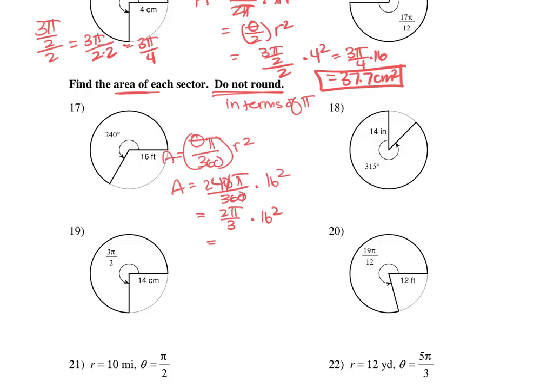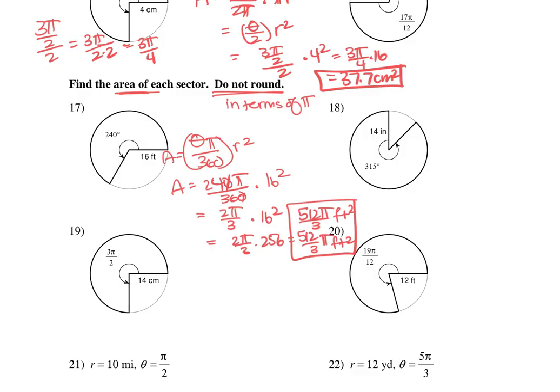So 16 squared is 256. So it's 2 pi over 3 times 256, which is 512 over 3. And you can put the pi either beside it or up with the 512. It's in the numerator. It doesn't really matter if you write it 512 pi all over 3 or 512 over 3 times pi. It's the same number, and that is feet squared since I'm doing area.